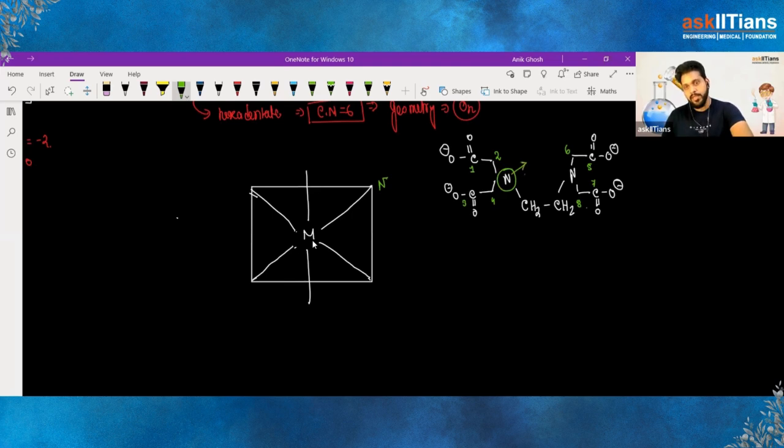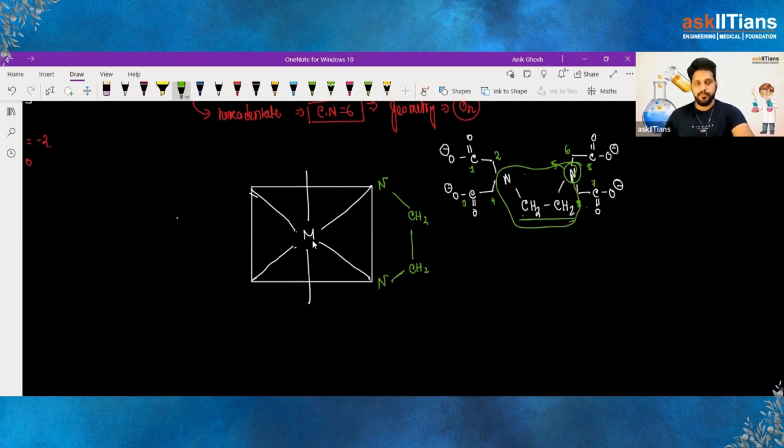This is one of the donor site. This is the other donor site, right? There you go. Now they are connected with CH2, CH2. These two CH2 they are connected with. So let's write one CH2 here and the other CH2. This much we are fine, guys. So this is my ethylene diamine sector. We have drawn.